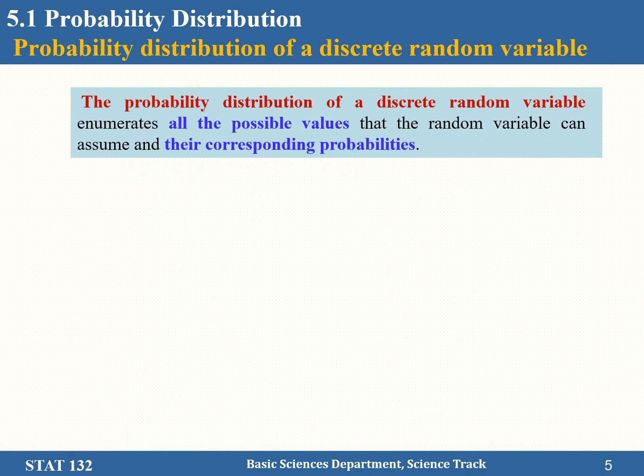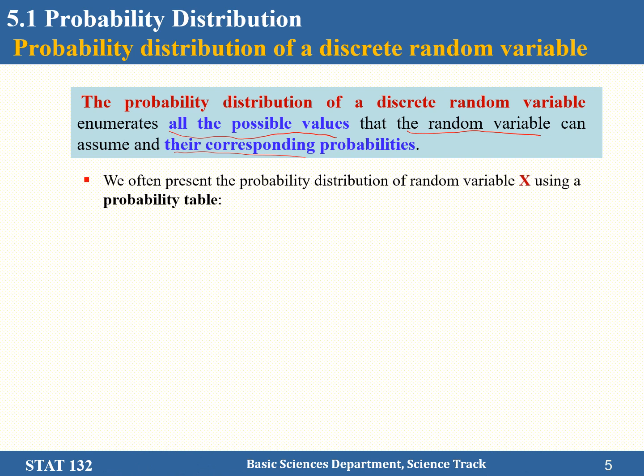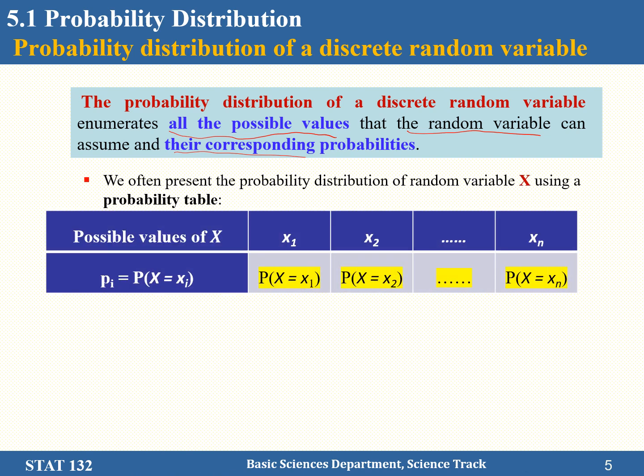Now, the probability distribution of a discrete random variable lists all the possible values that the random variable can take and their corresponding probabilities. We do it generally with a probability table. The first row lists all the values that X can take: X1, X2, up to X sub n.